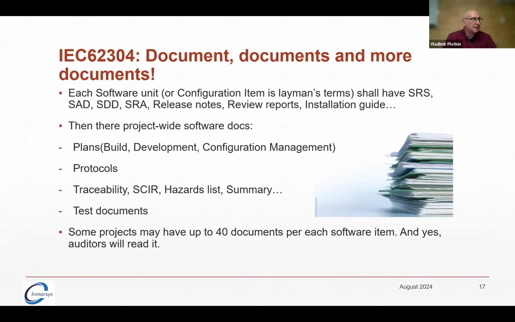And then you have the traceability or the software configuration item registry, hazards list, software summary, that's an FDA document, or software description as they call it now, and you do test documentation. So it's really a document-heavy standard. And as I said, at any given moment there could be an audit, and depending on what stage you are in terms of ISO 13485, auditors will probably ask for these documents to view.